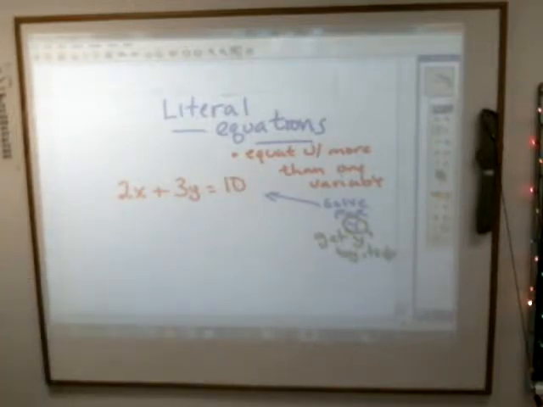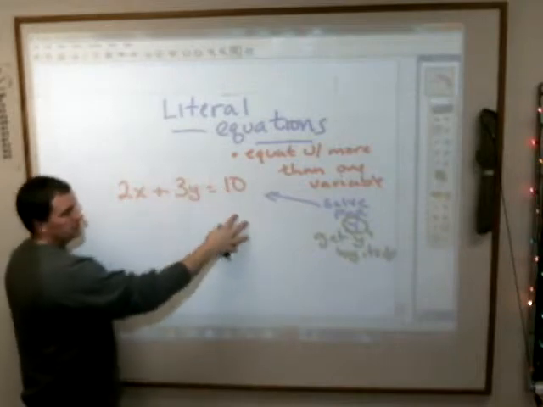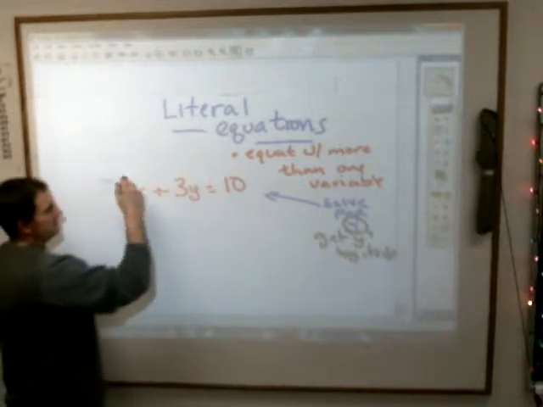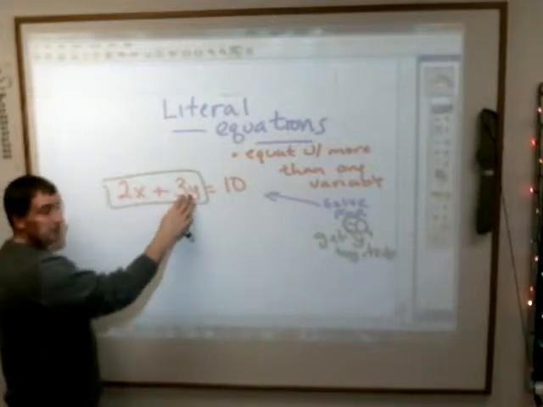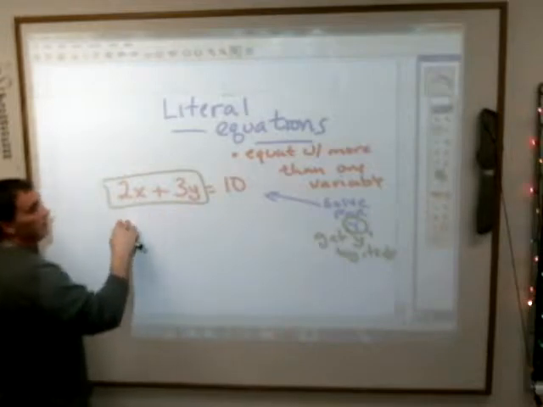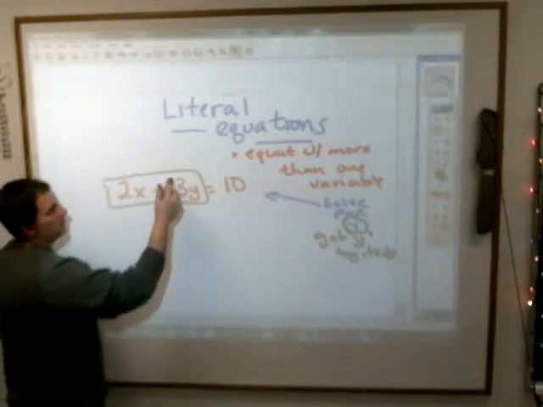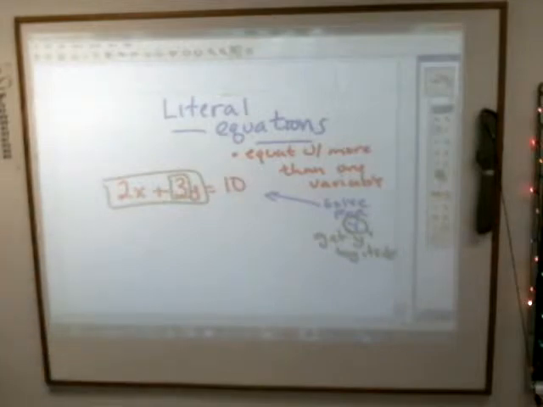Remember when we did other equations, you always get rid of the addition and subtraction stuff that's with it. As it is right now, you need to get rid of this 2x and you need to get rid of this 3 in front of the y in order to get the letter y by itself. The last thing you do is always divide by what's in front of the letter, that numerical coefficient.